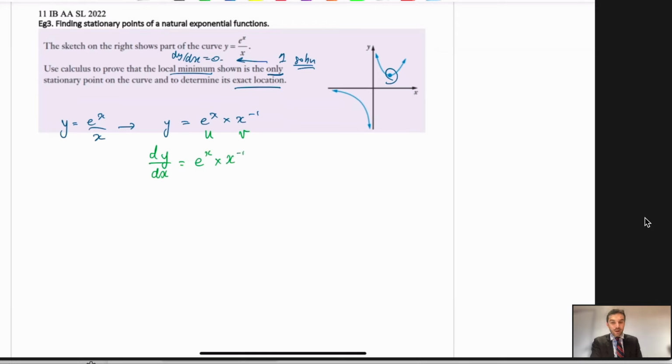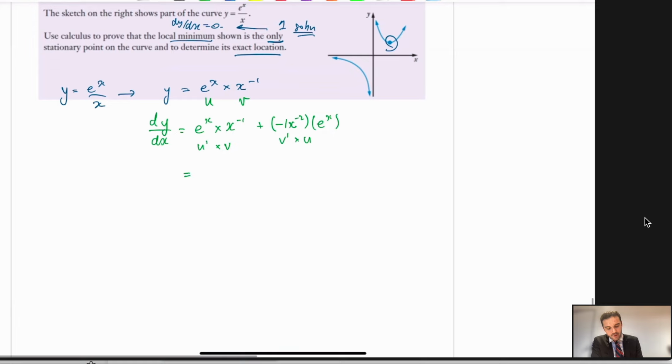So remember, that's our first step, u dash and v. And then we add on v dash times by u. So v dash is going to become, well, you bring the negative 1 down, x to the negative 2, times by u, which is just e to the x. Absolutely love differentiating the old exponential function.